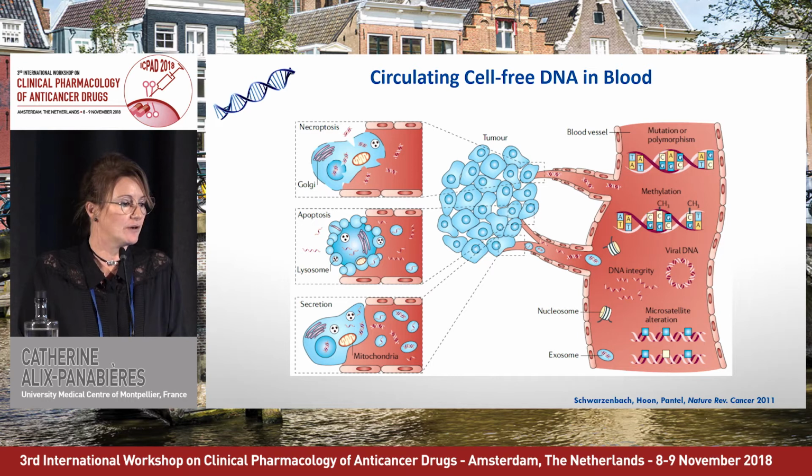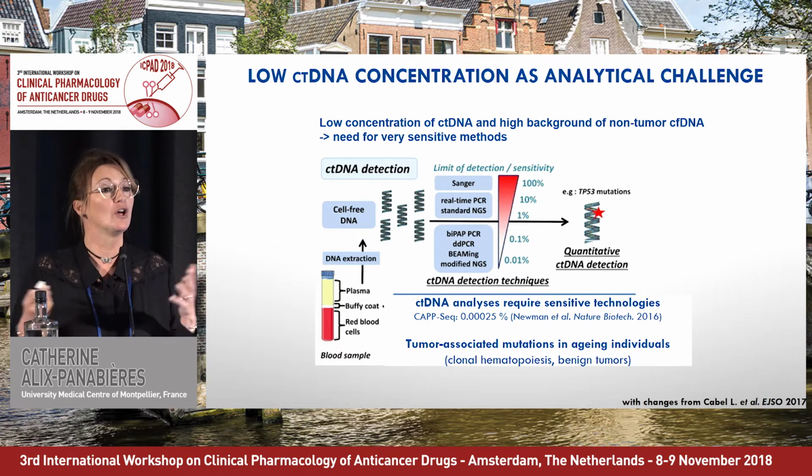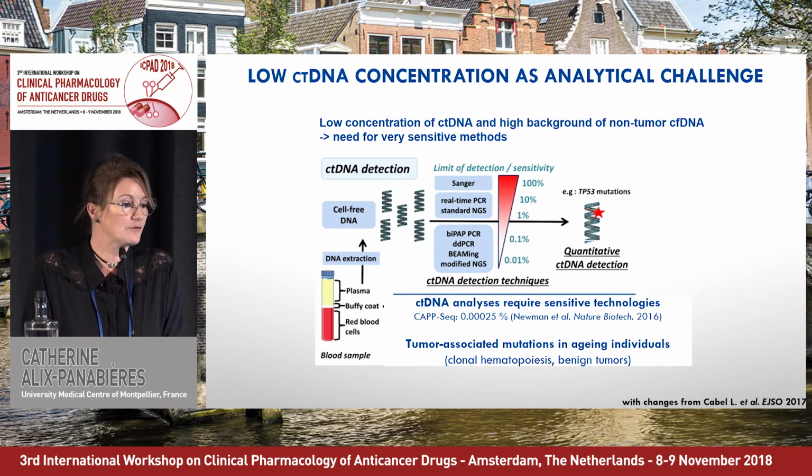And here you have really different markers that are released by dying cells. What is also important to notice is that you have a low concentration of circulating tumor DNA. So the same problems faced for the CTCs apply here: finding the right SOP to correctly enrich the ctDNA among the normal circulating free DNA.